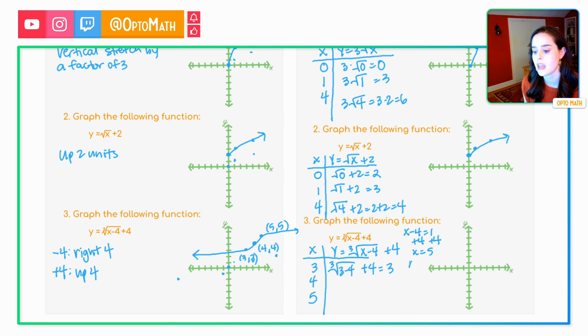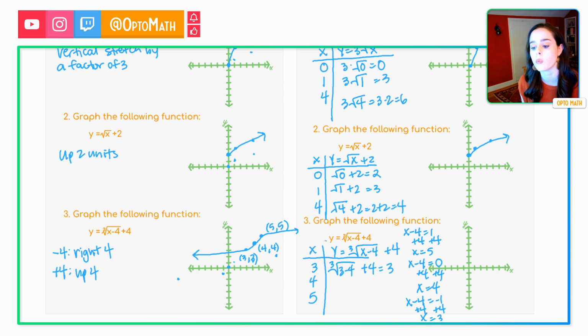And if you want to get to 0, your x value would have to be 4. So you're seeing that 5 and 4, those are good ones. And if you wanted it to be -1, x would equal 3. So you can see how you get all 3 of those.